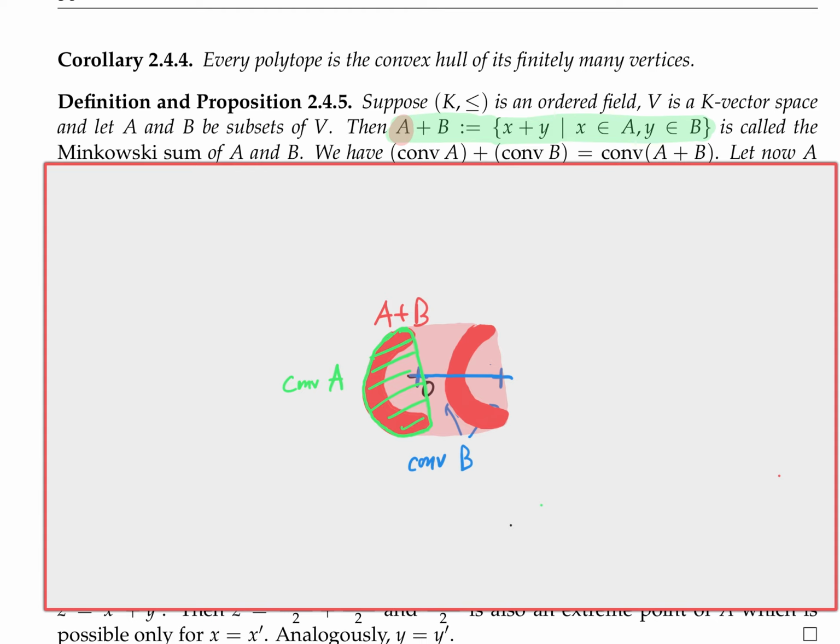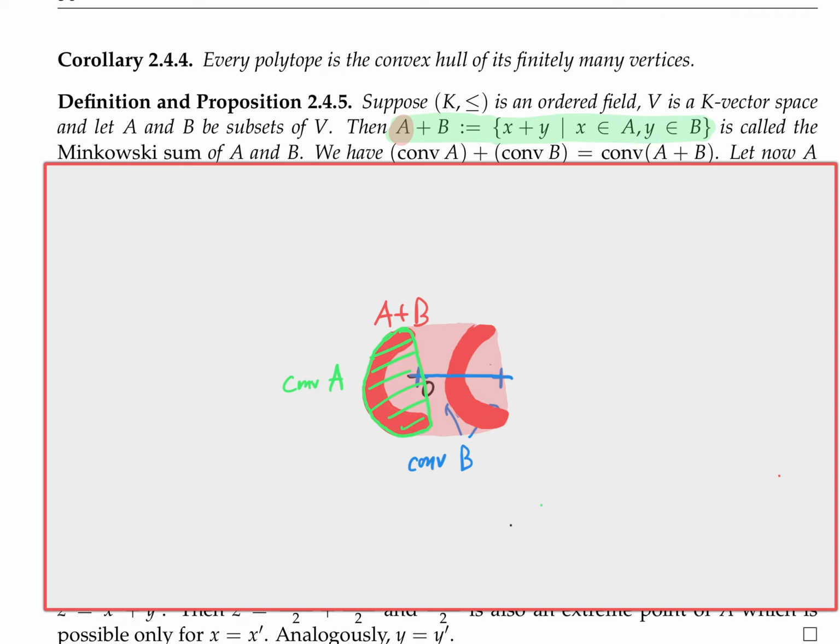And it looks quite plausible that the convex hull of A plus the convex hull of B gives also the convex hull of A plus B. Well, it looks plausible, but you can easily prove it.